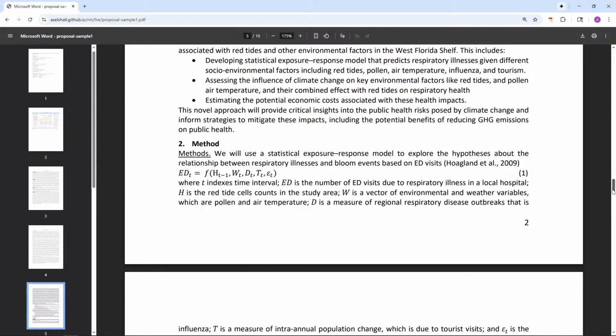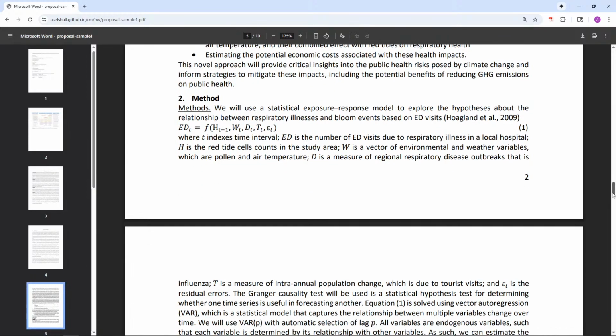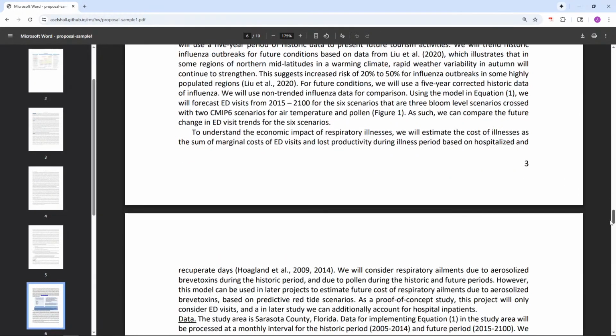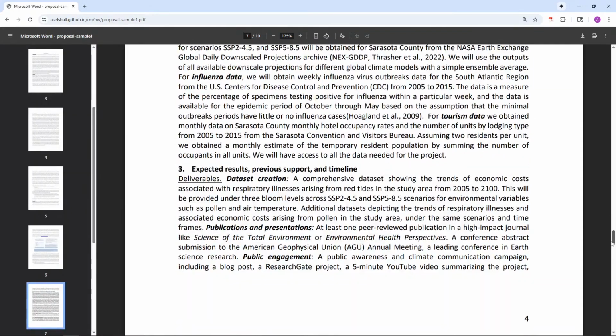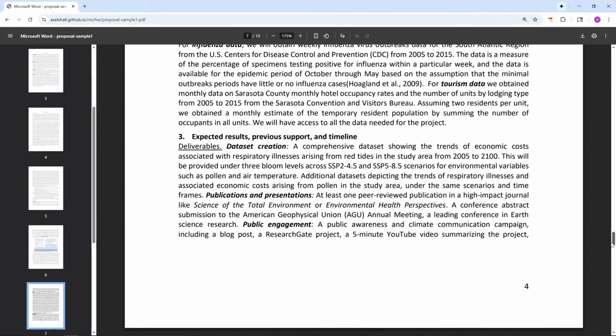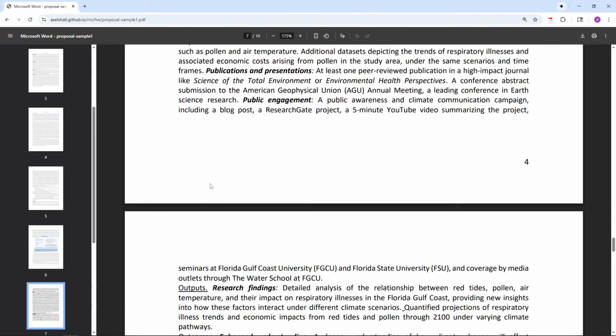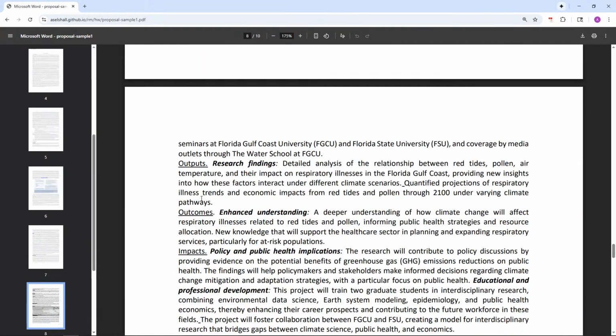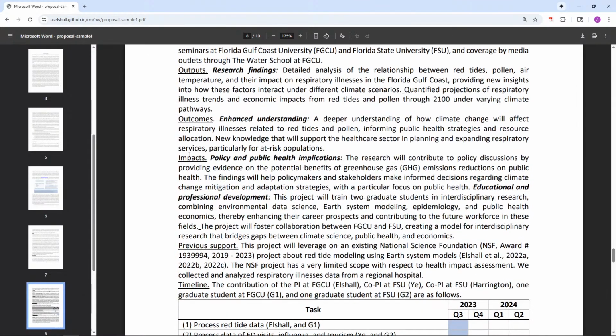This is the methods. We divided it into a method section and a data section, and then expected results, previous support, and the timeline. So these are the deliverables. See, these are the outputs, these are the outcomes, and these are the impact.